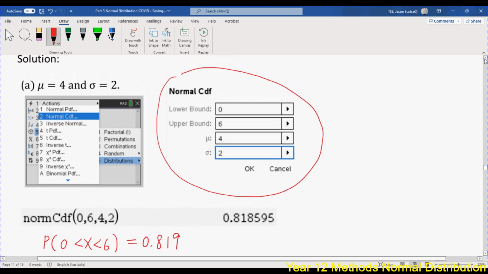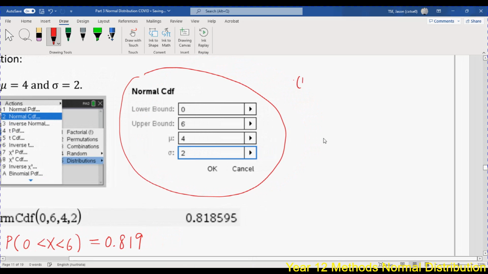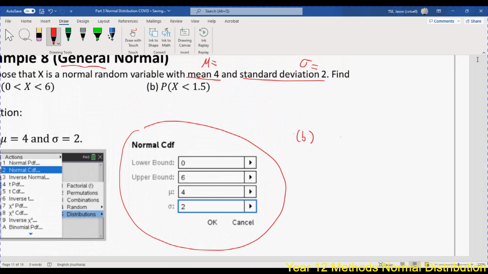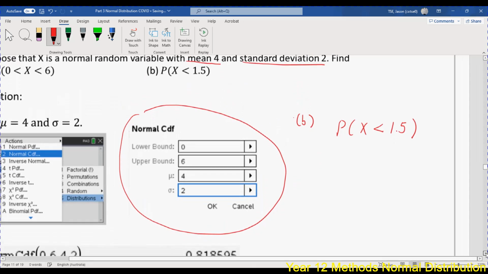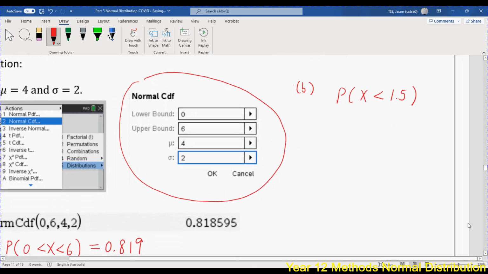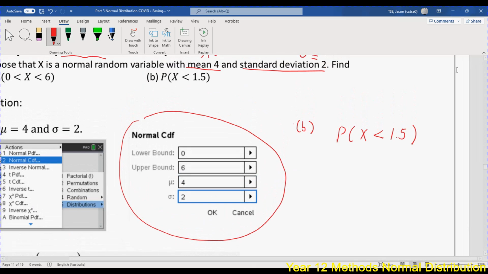All right, and how about part B? We try B here. For B, you need to find P(X < 1.5). So remember for X less than 1.5, okay, let me draw the normal distribution. Mu is 4 and standard deviation is 2.